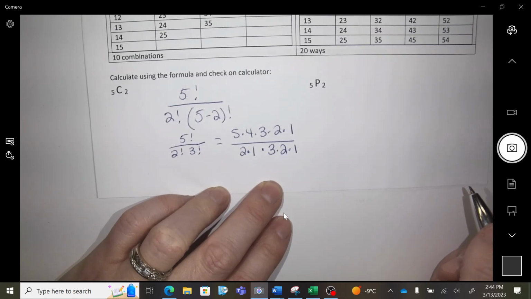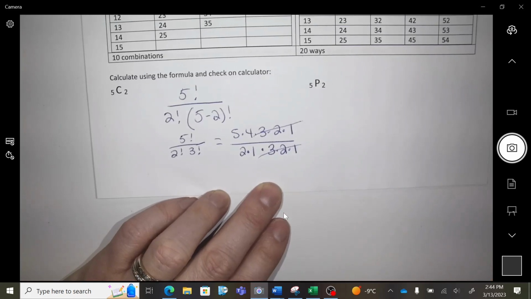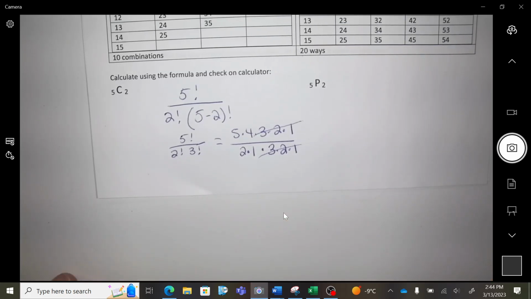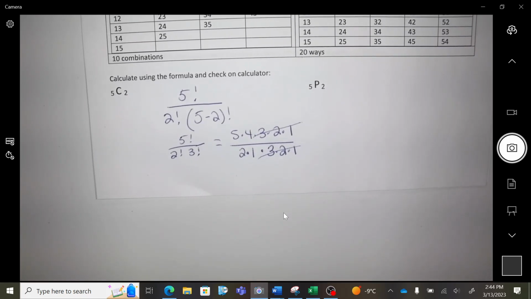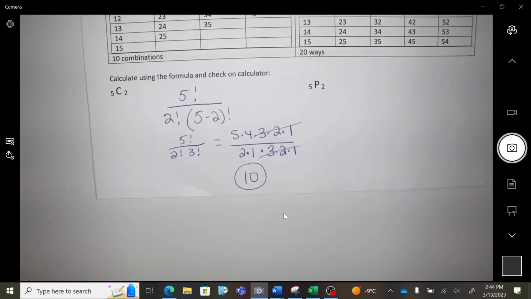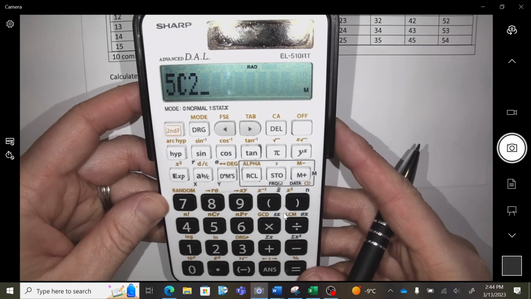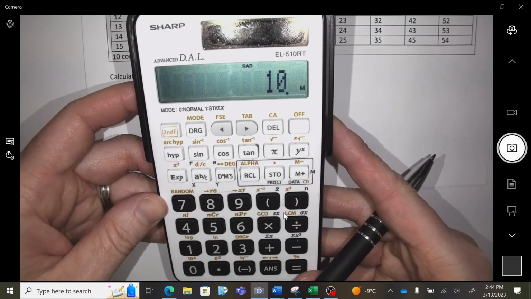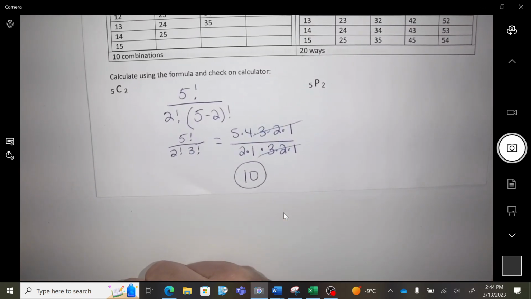Is there something we can just simplify? That all cancels. And this is 20 divided by 2. So does it work? 5 choose 2? 10. So that's how the formula works.